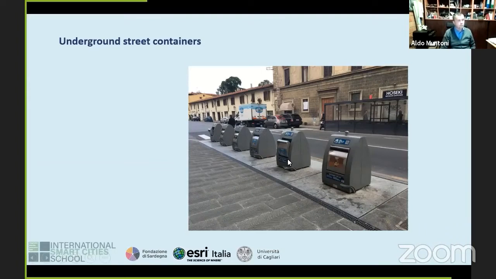So we try to make the street containers less impacting, less ugly, and even a little bit smart, because some of these underground street containers were provided with readers of electronic badge, so the people were able to open them using the badge which was provided to each family.